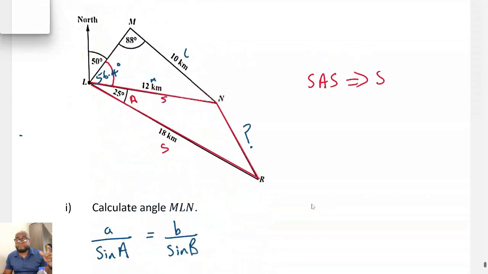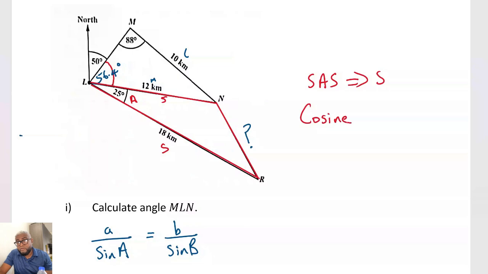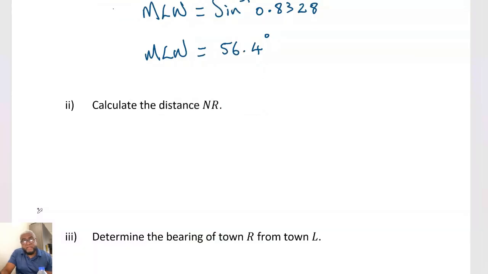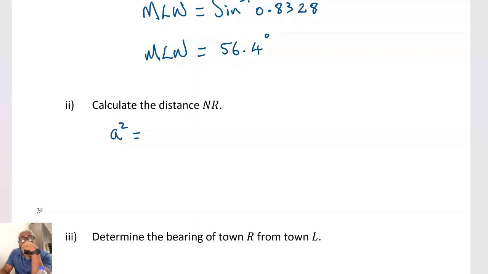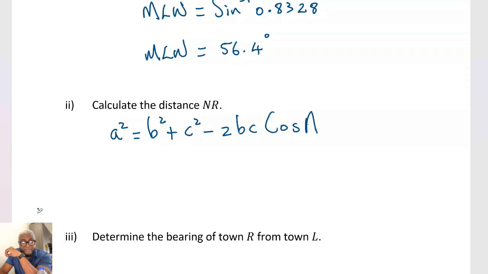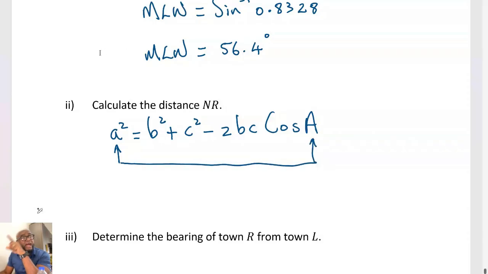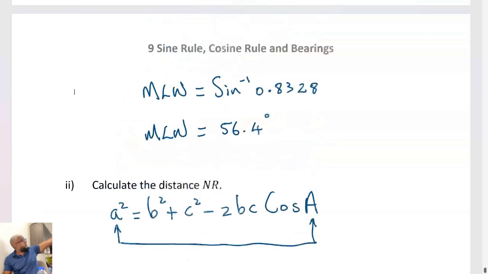So we go in. As I said, we have one angle and 2 sides. We want to find the third side, so we're using the cosine rule. Somebody belt out the cosine rule now. a squared is equal to b squared plus c squared minus 2bc cos of capital A. Now this small a and this capital A would be the side and the angle opposite the side.